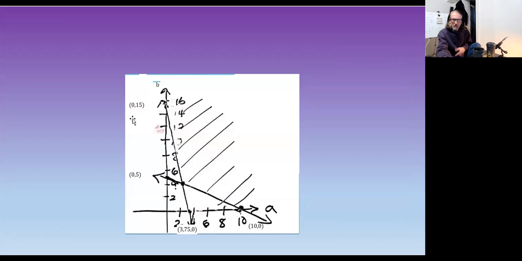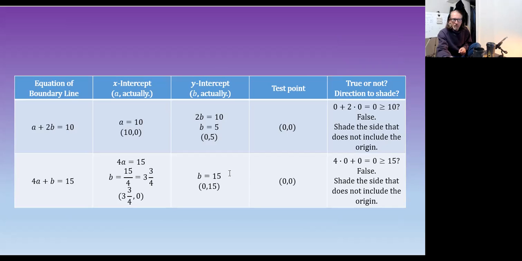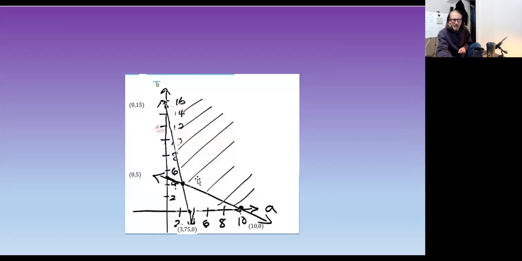And the boundary lines are solid because we have the or equal to. Furthermore, there is a point of intersection here that we're going to have to solve for. That could be a corner point.